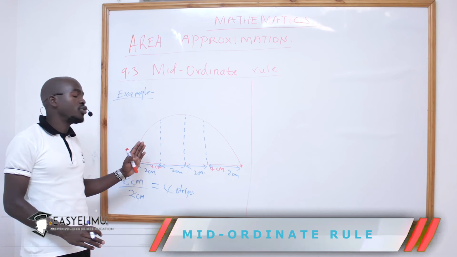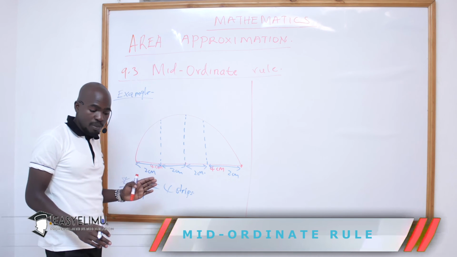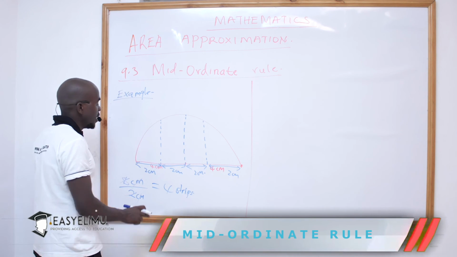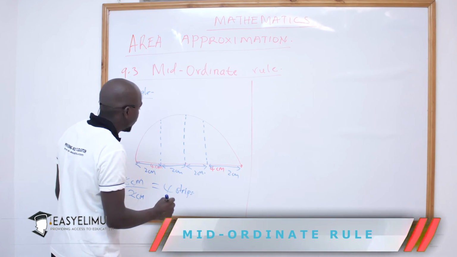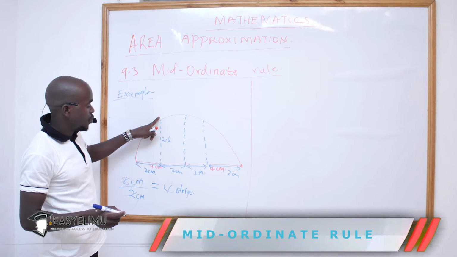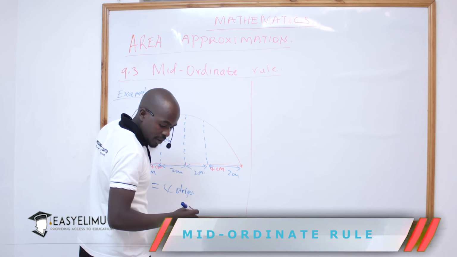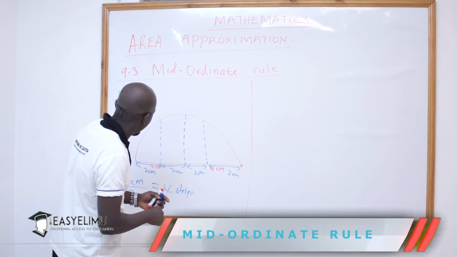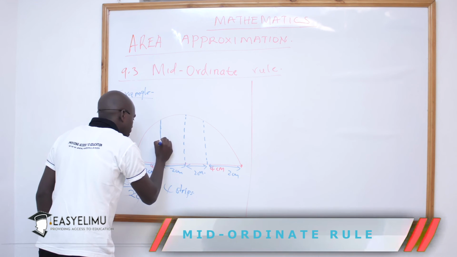If you draw it using a scale measurement, you will find that the first one rises up to 2.6 using a graph. This one is up to 2.6, and the middle one... actually, let me draw this line. These are the strips.